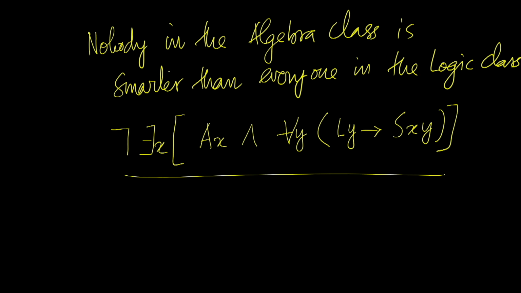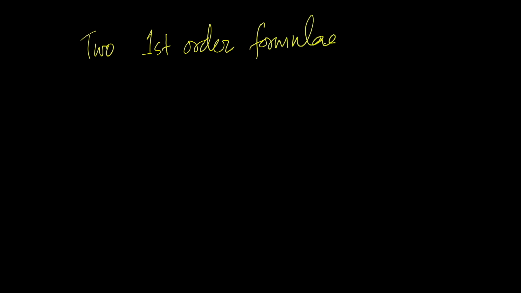So, now that gives you an idea as to how English sentences can be translated into first order sentences. We say that two first order formulae, I have not formally defined a formula yet, which we will do later. At least now you have an idea about what a first order formula is.